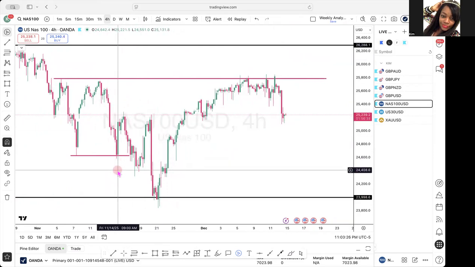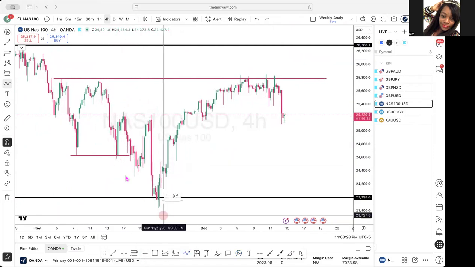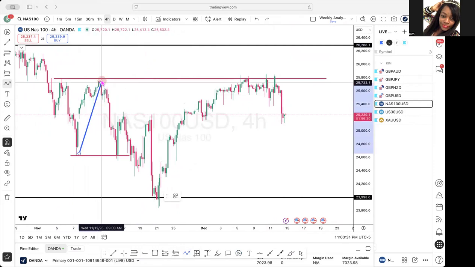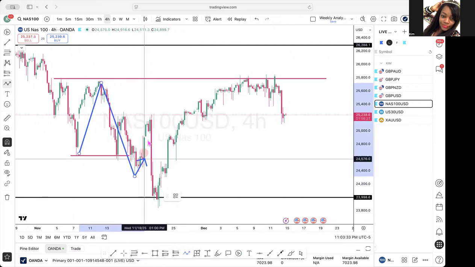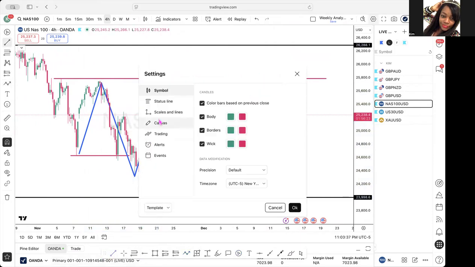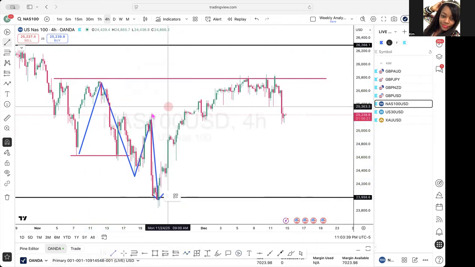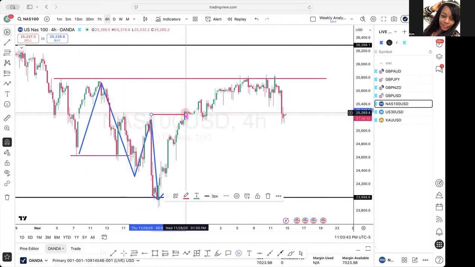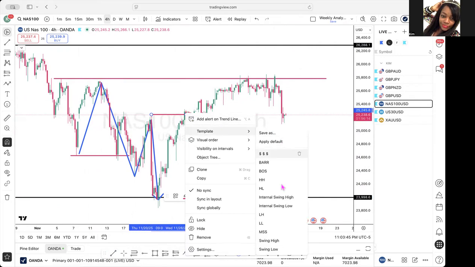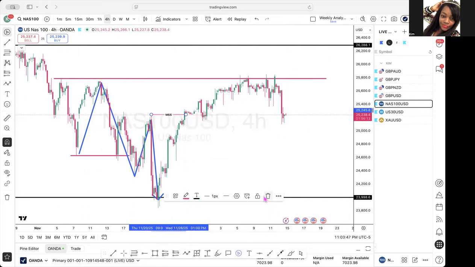So on the 4-hour, you have this structure here. Here, here, here, here, and here. And this would have been a 4-hour market structure shift. So what do you do once you have a break of structure or a market structure shift?